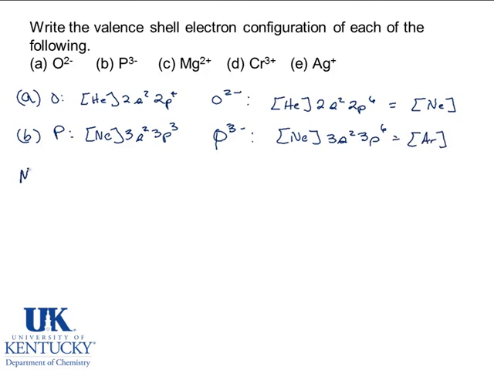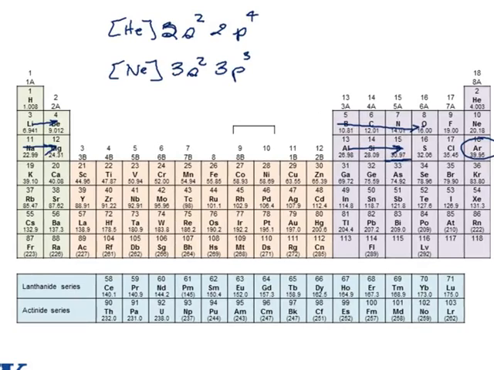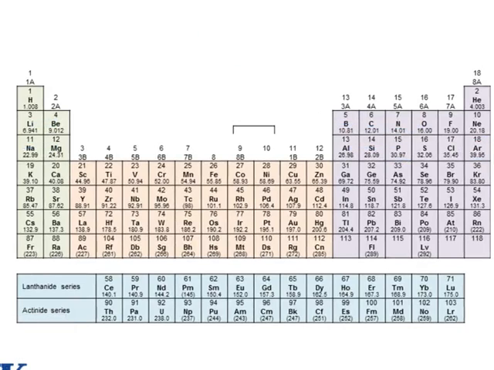Okay, let's do a cation. Sorry, this is C. In a cation, again, we want to do magnesium first, and then in a cation, you're removing electrons. So let's find magnesium on the periodic table. I'm going to clear out this page so that we don't have things getting in the way. And we're finding magnesium. It's right here. So the noble gas that comes before magnesium is neon. 1, 2, 3. This is a 3s.